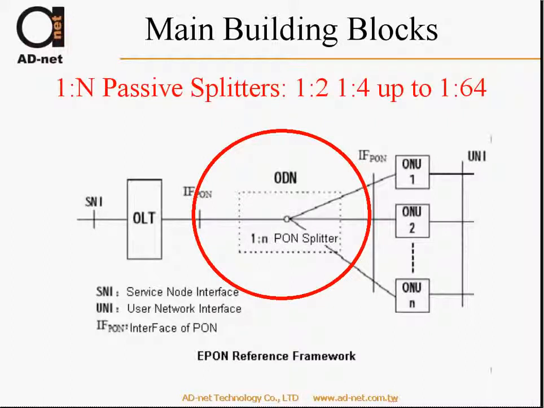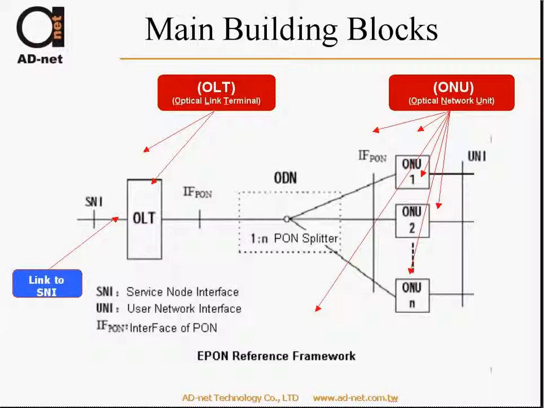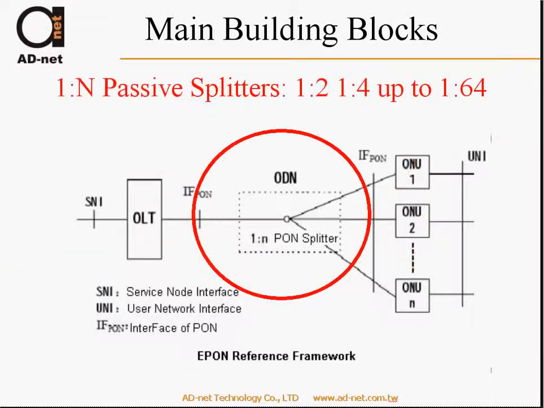Here, as you know, you need no power. You can have a splitter from 1 to 2, 1 to 4, and up to 1 to 64. So the only power you will need is in the center, where you have the OLT, and at the customer flat or house, where you have the ONU. The splitters need no maintenance and no power.